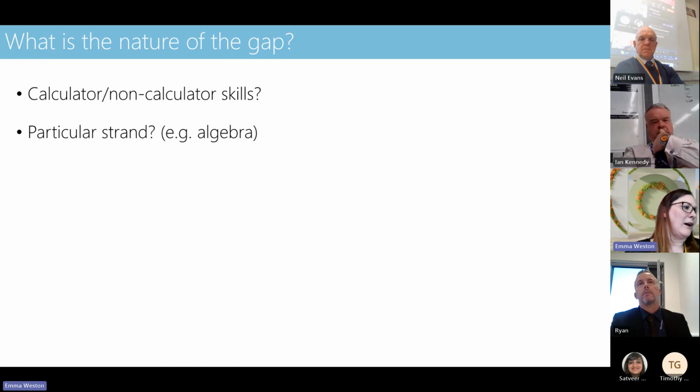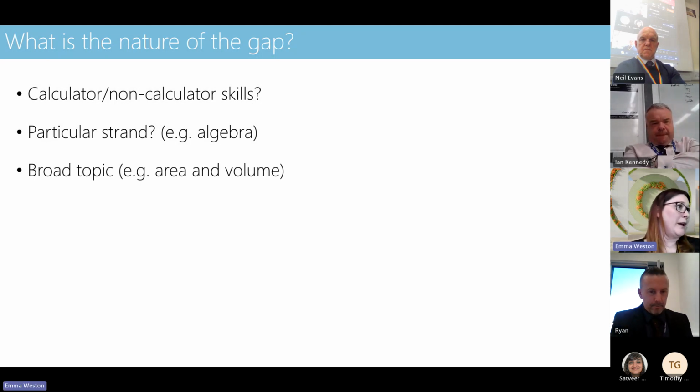But what was lacking now is some of the statistics and probability topics, particularly at the higher tier. And when they looked in more detail at their curriculum, they realised that actually there's not as big a focus on those topics in year 10 and year 11 as there could be. So that's a particular strand where they need to address it with their curriculum, but also they might need to address that with particular pupils in year 11 too.